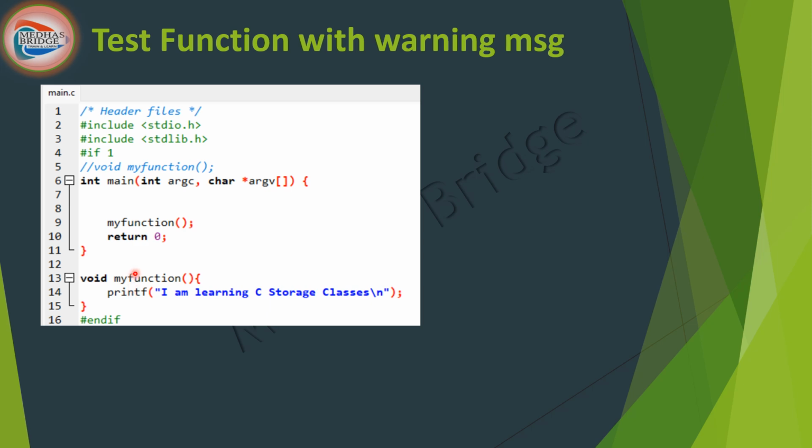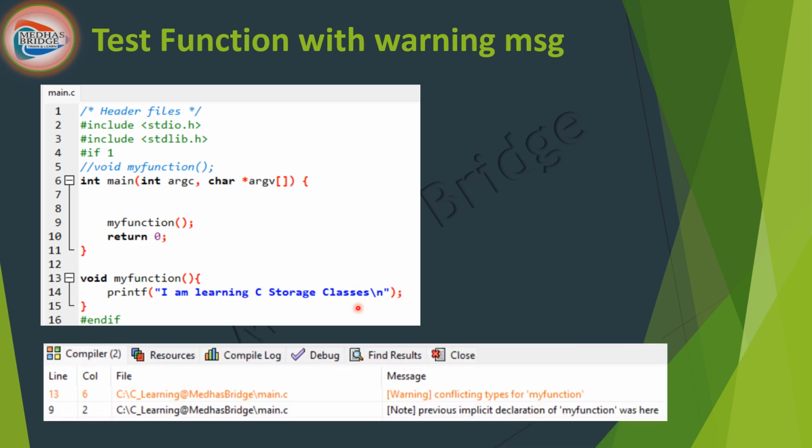Anyway, if I could compile this code, I would expect a printf message being called by main, and then you could see on the console: I am learning C storage classes. But does it really compile? Well, let me see if I can compile this piece of code.